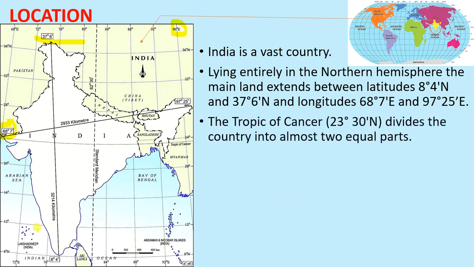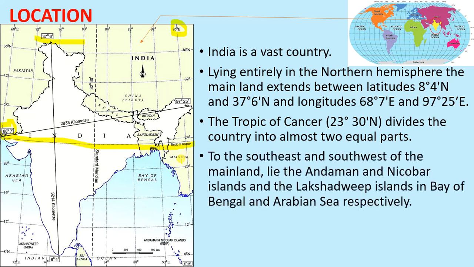The Tropic of Cancer. See students, this Tropic of Cancer passes through the middle of our country and divides our country into two equal parts. To the southeast and southwest of the mainland lie the Andaman and Nicobar and Lakshadweep, groups of islands.